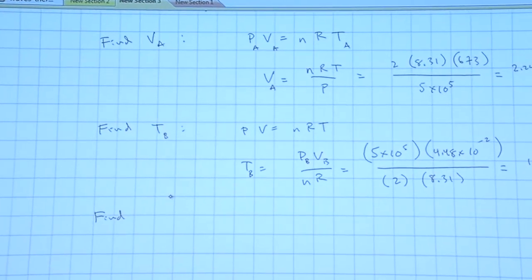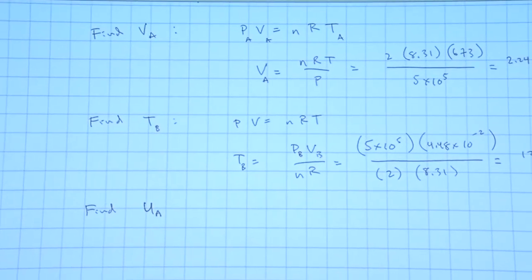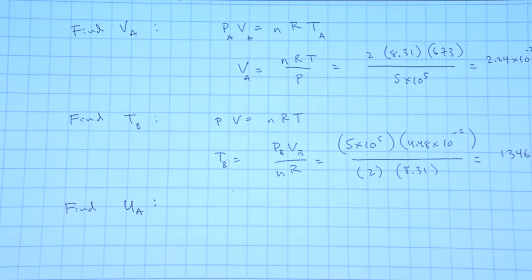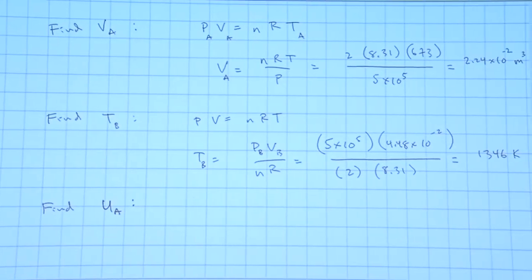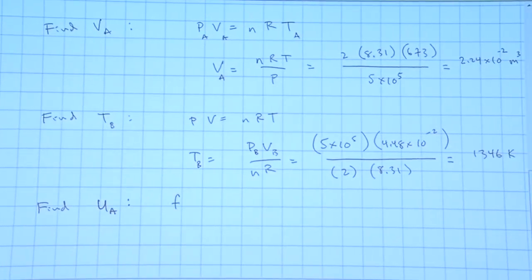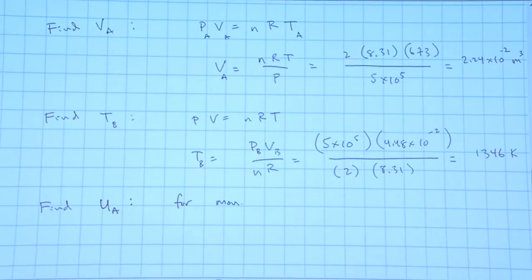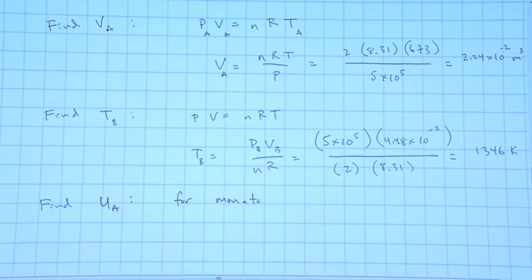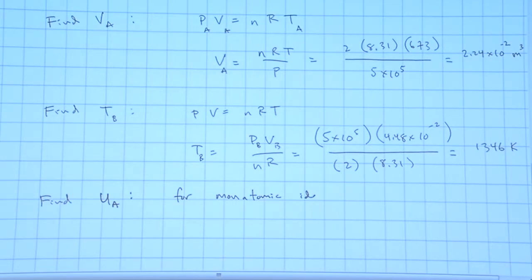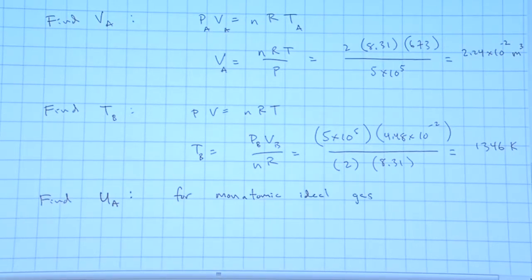So I'm finding U, and this only works for a monatomic ideal gas. Three halves NkT or 3/2 nRT.